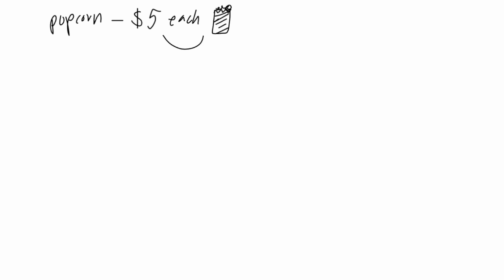This is $5 each of these. So let's use a variable here. So here we can use X. X represents the number of popcorns that we want to buy.